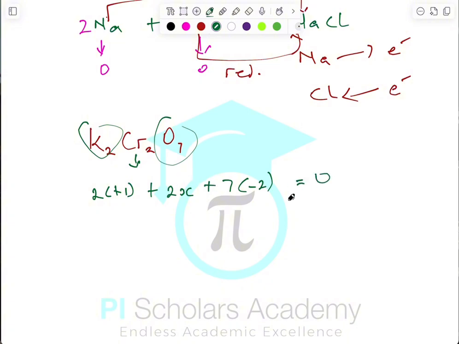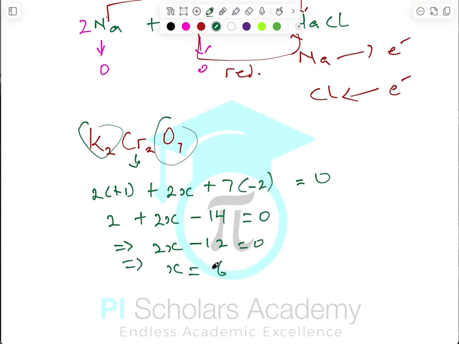Everything here is going to be equal to 0. So we have 2 plus 2x, 7 times negative 2, that's negative 14, and that will be 0. This implies that 2x, 2 minus 14, that is negative 12, equals 0, and that implies that x is going to be equal to plus 6 here.